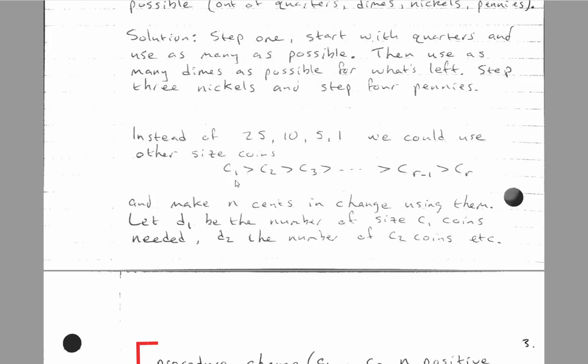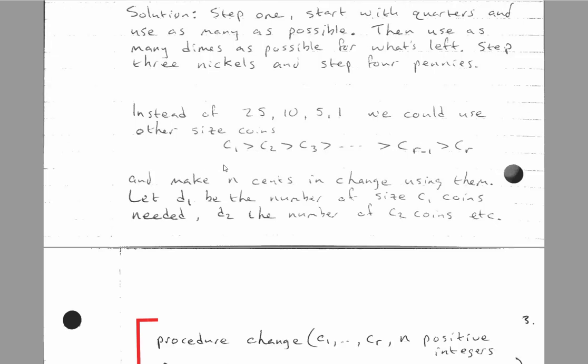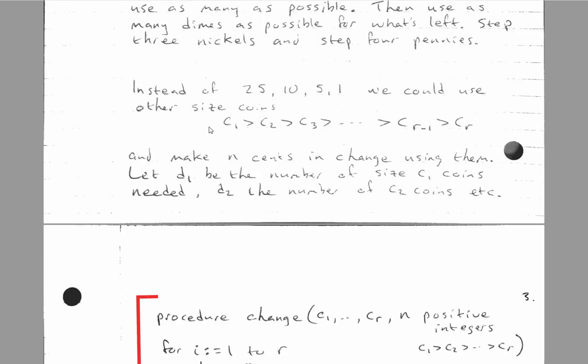Let C1 be the number of cents for the biggest coin, and then a strictly smaller coin, C2, down to CR. So how could you make change with these coins, again using the smallest number of coins possible?